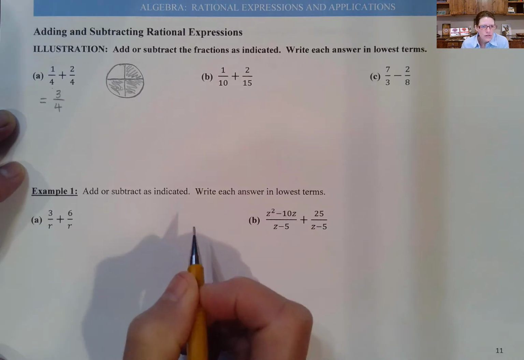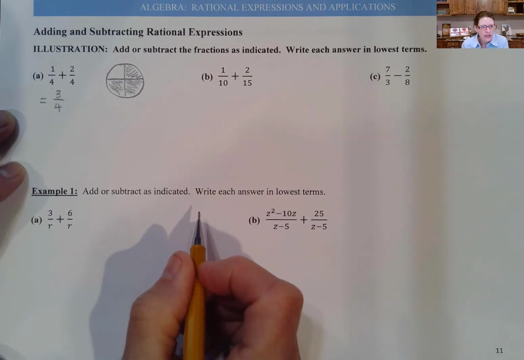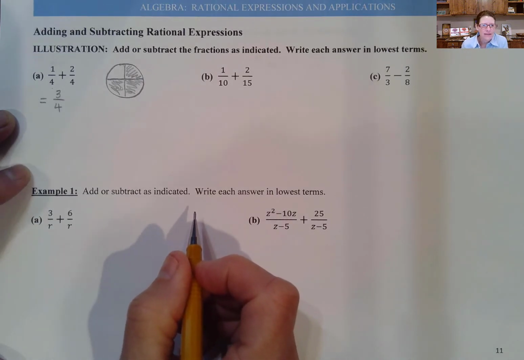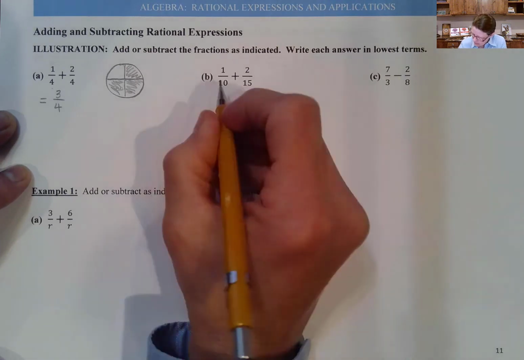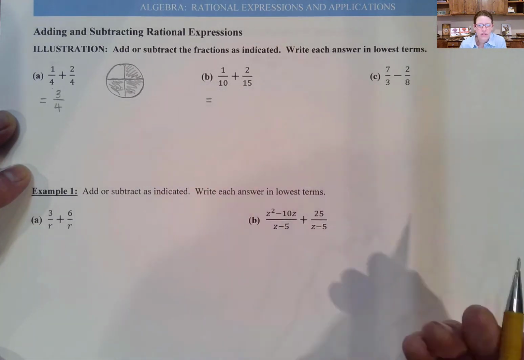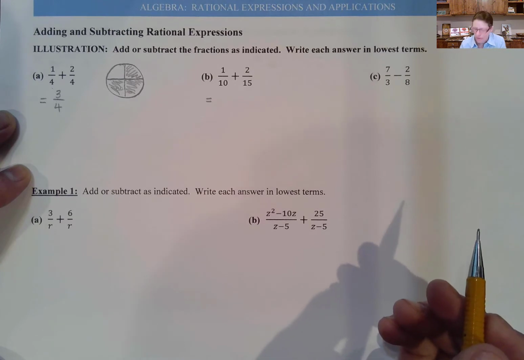When we add or subtract fractions, we add or subtract the numerators and keep the same denominator. In part B, in order to add these fractions, we need to obtain a common denominator.